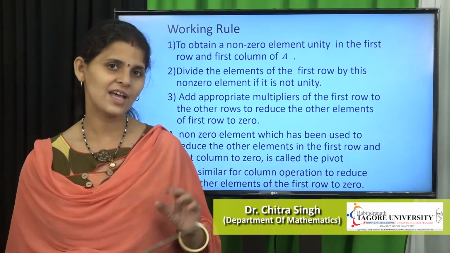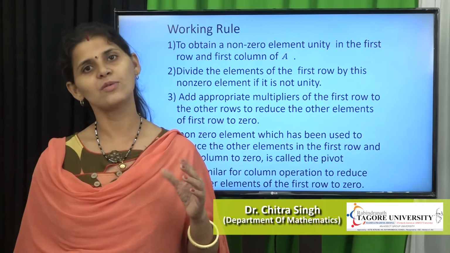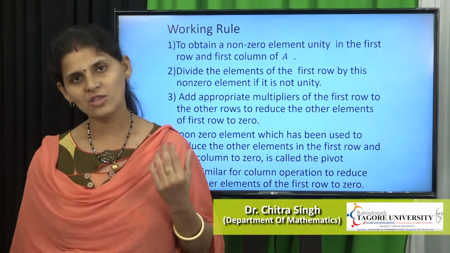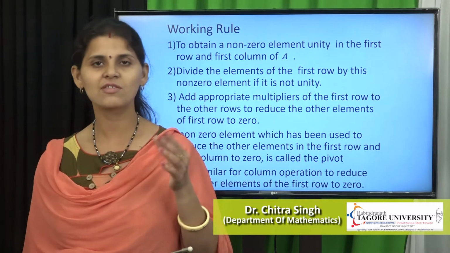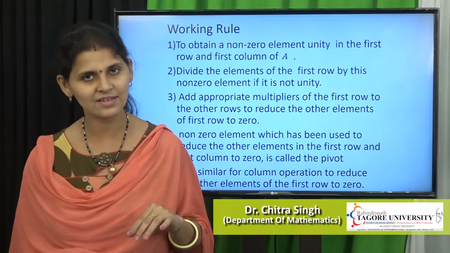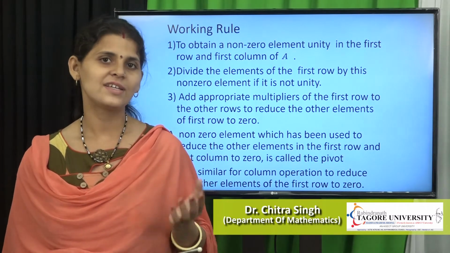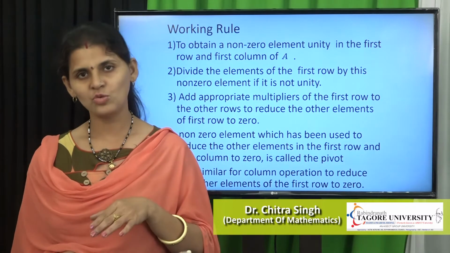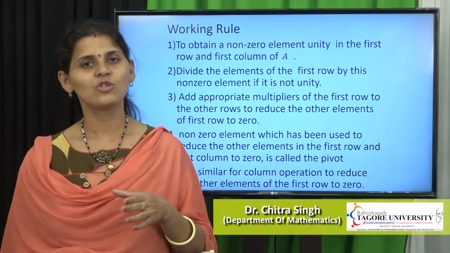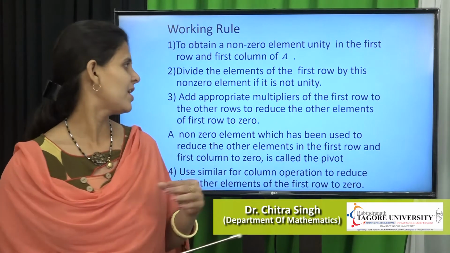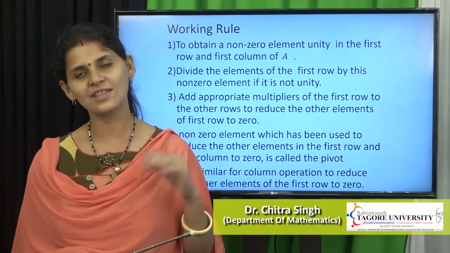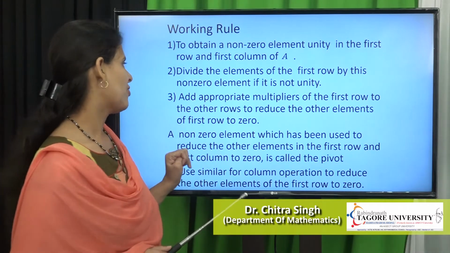For example, if the first element is 2, you divide the first row by 2, so you obtain 1 in the first row and first column, and you can easily prepare a normal form of the matrix.